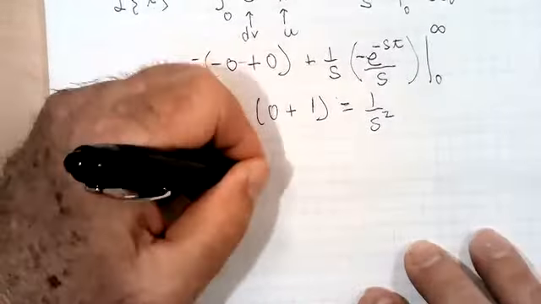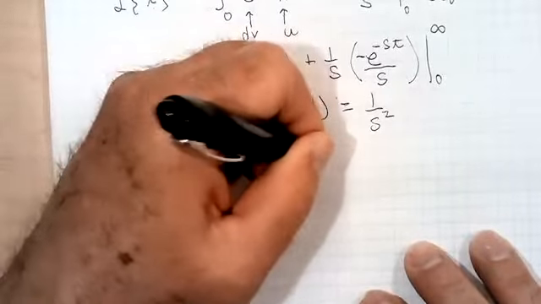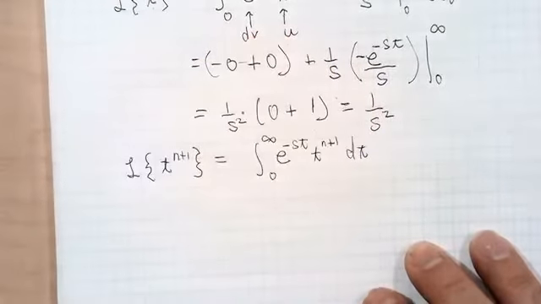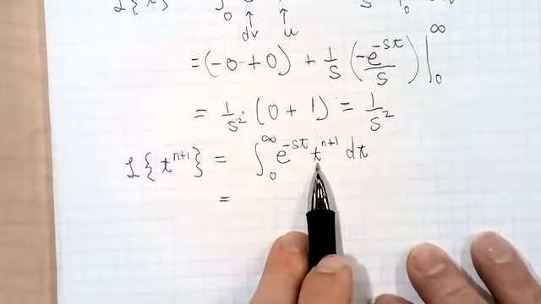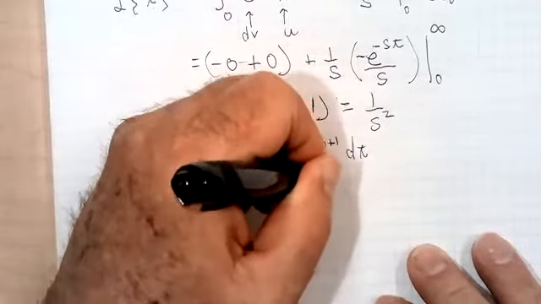Well, that will be the integral from 0 to infinity, e to the minus st, t to the n plus 1 dt. And the strategy, as usual, will be to knock that power of t down by 1 with the parts formula. So this is the dv part, that is the u part.